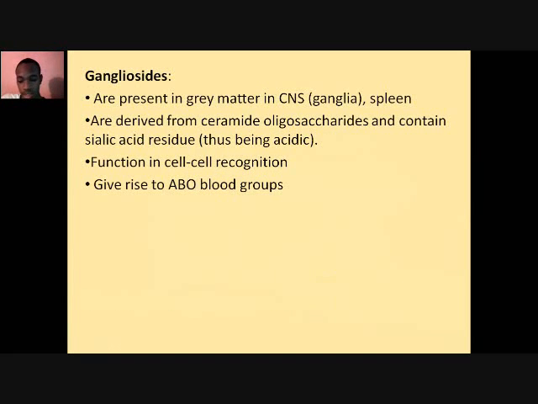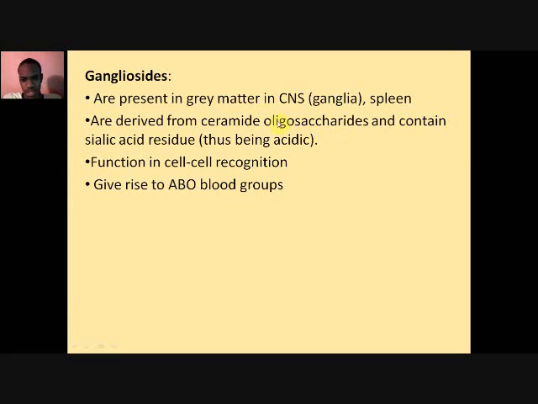Now the third class of ceramides, gangliosides. Remember a lot of these names we give them as gangliosides are prevalent in ganglia, grey matter in the CNS, as well as in the spleen. They are derived from ceramide oligosaccharides.